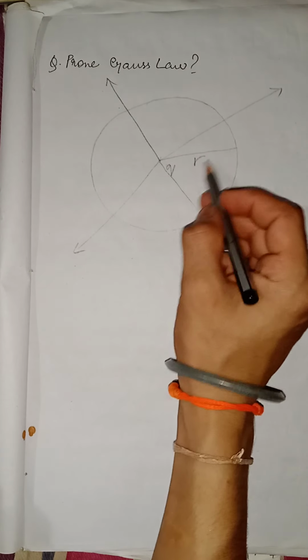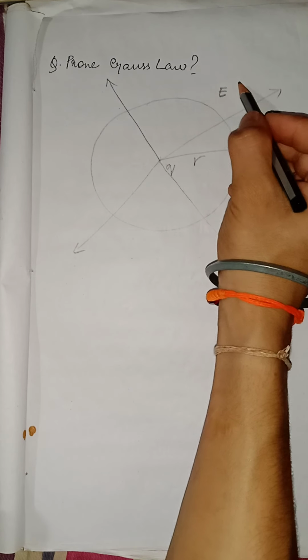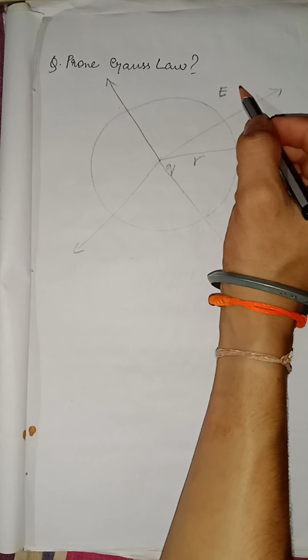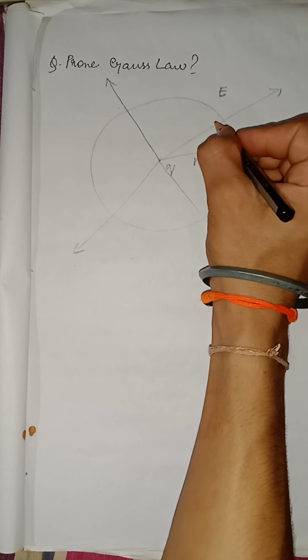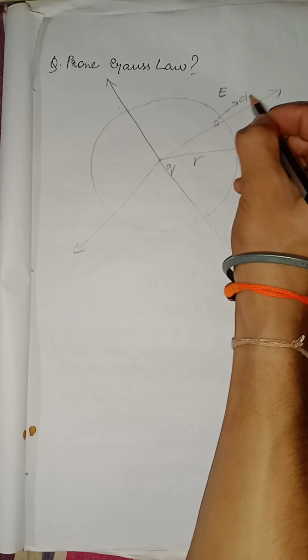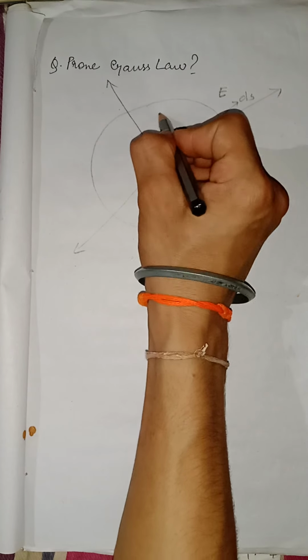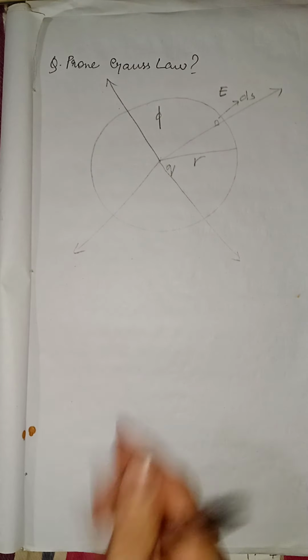Let the electric field be E, and let us consider a small area dS. Then we came to know that this is the expression of phi.